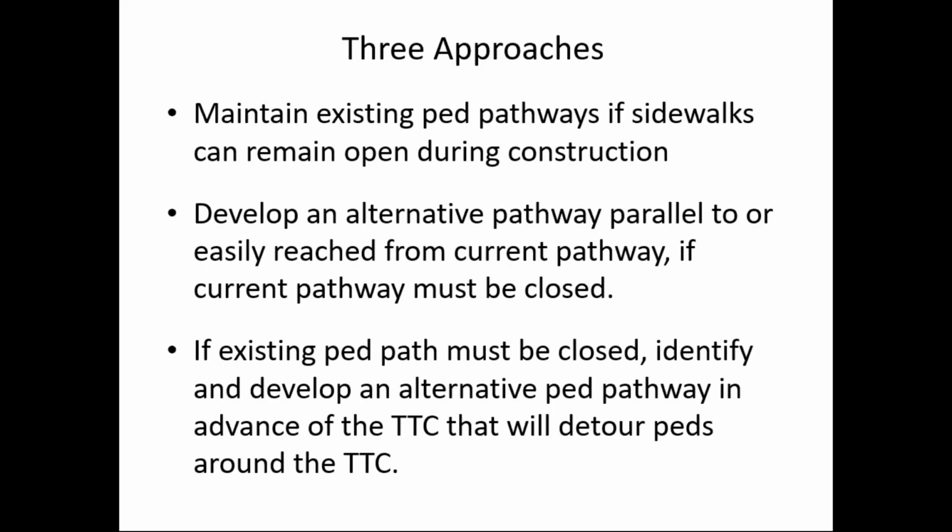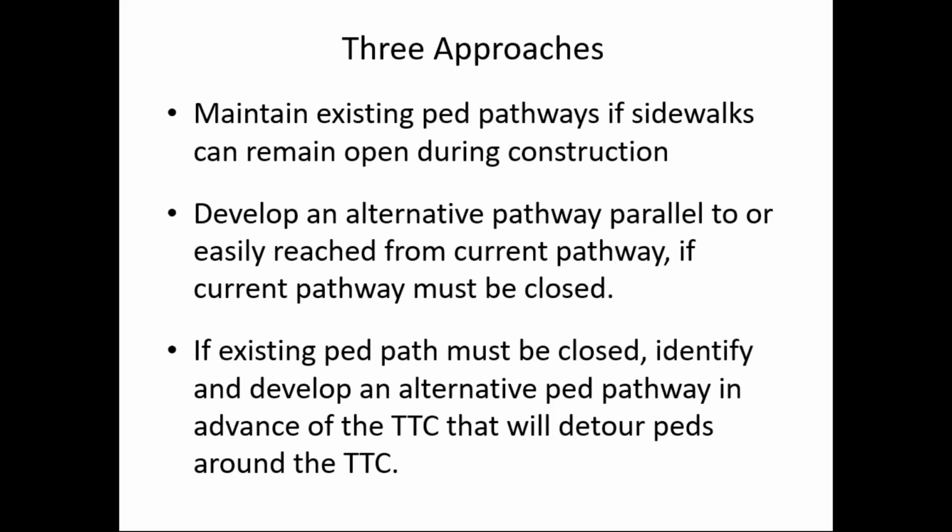So there's 3 different ways we could deal with these situations. We could maintain the existing walkway if the sidewalk remains open during construction. Maybe it's shifted to the other side of a wide sidewalk, or maybe it's narrowed a little bit, or maybe the surface type changed, but maybe we can use the existing pathway, and that would be the desirable thing.